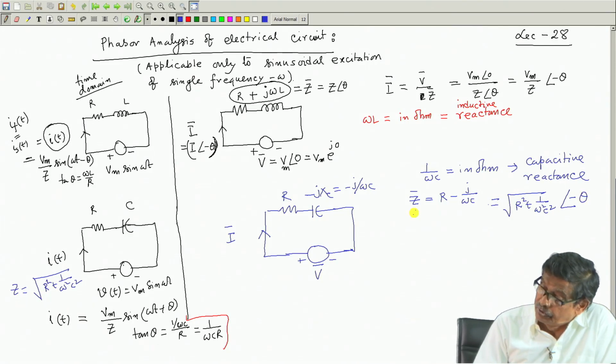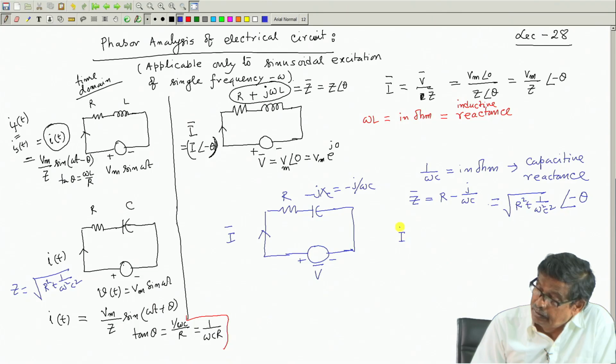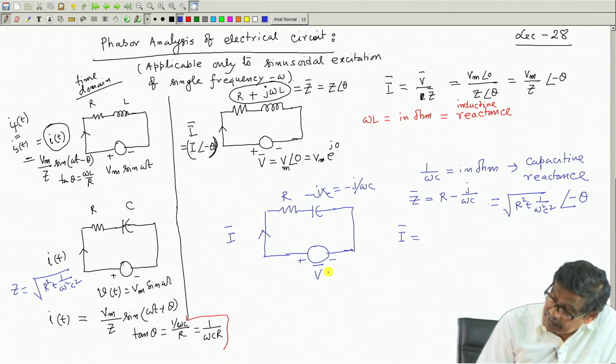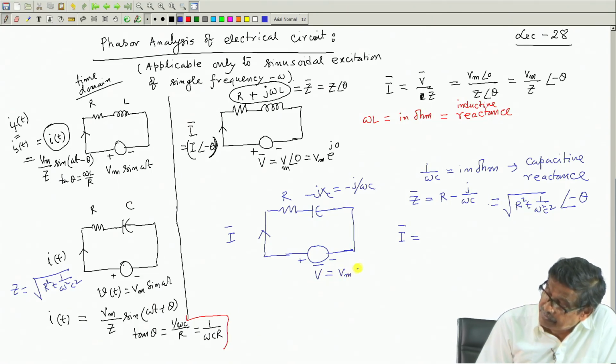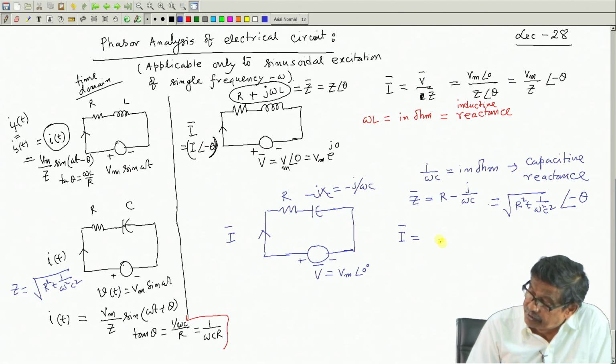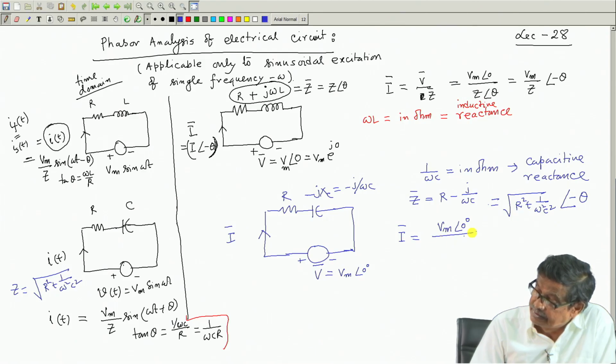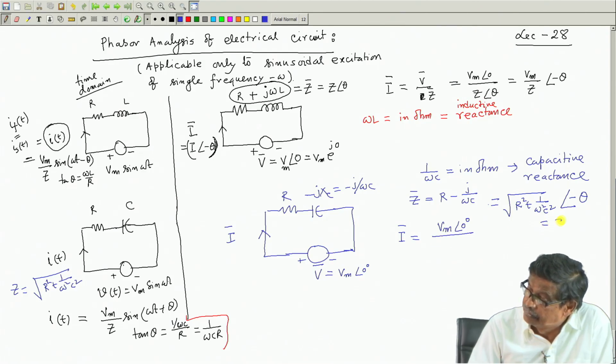Okay. So, that current will then become V bar by Z bar, if this voltage is V m at 0 degree. So, write V m 0 degree, V bar by Z bar. Z bar is this one, which is equal to magnitude of Z, angle minus theta.